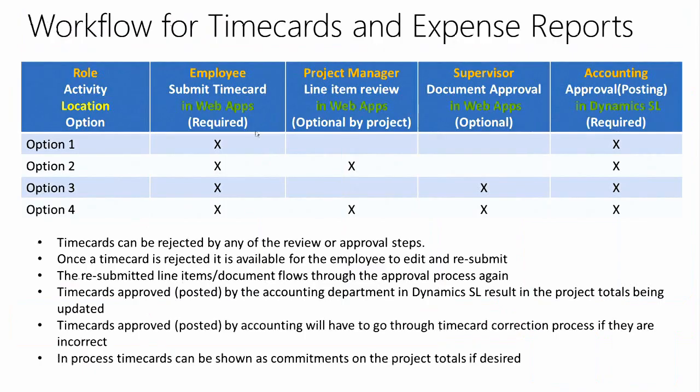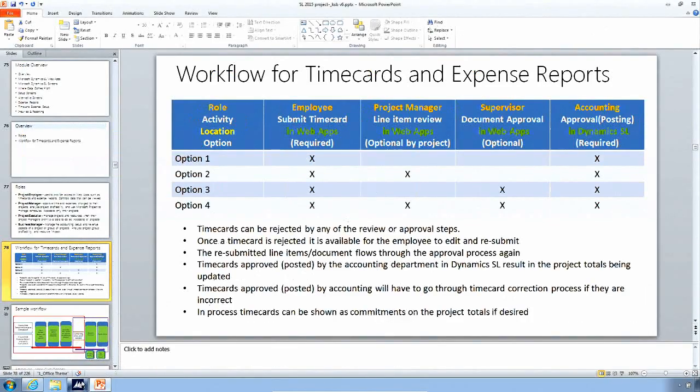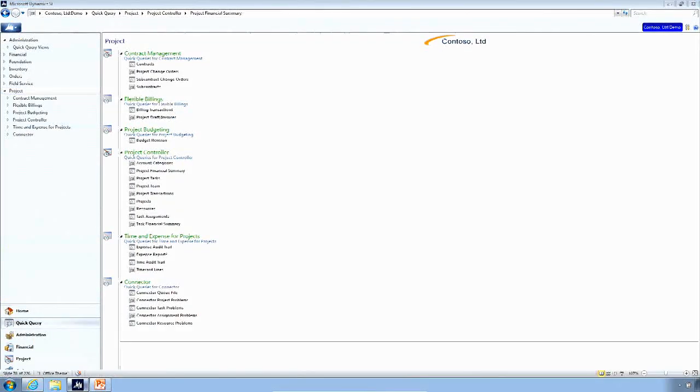We have the ability for line item review here or supervisor review here. So the top line on the web app is for the document approval, and the second line is for the line item approval. So let's go look at that and see what the difference is.